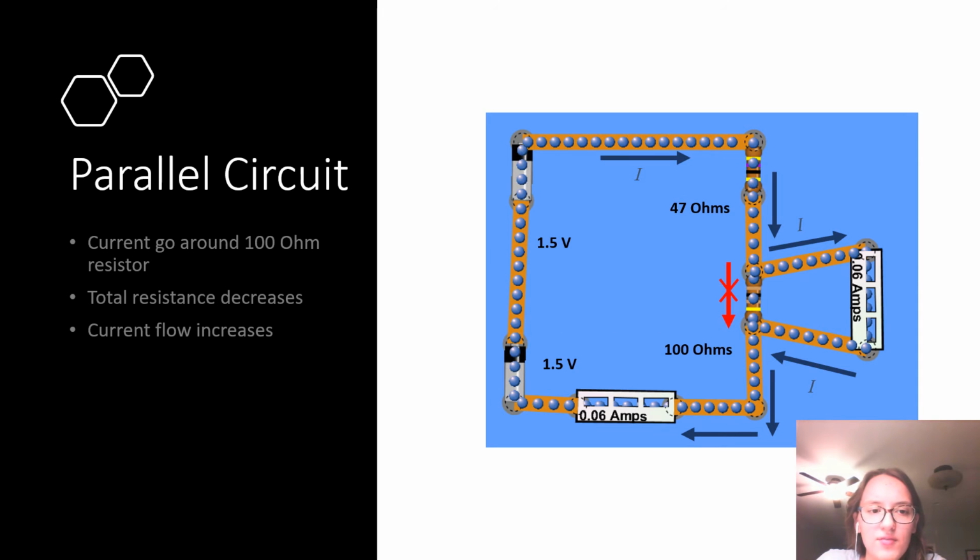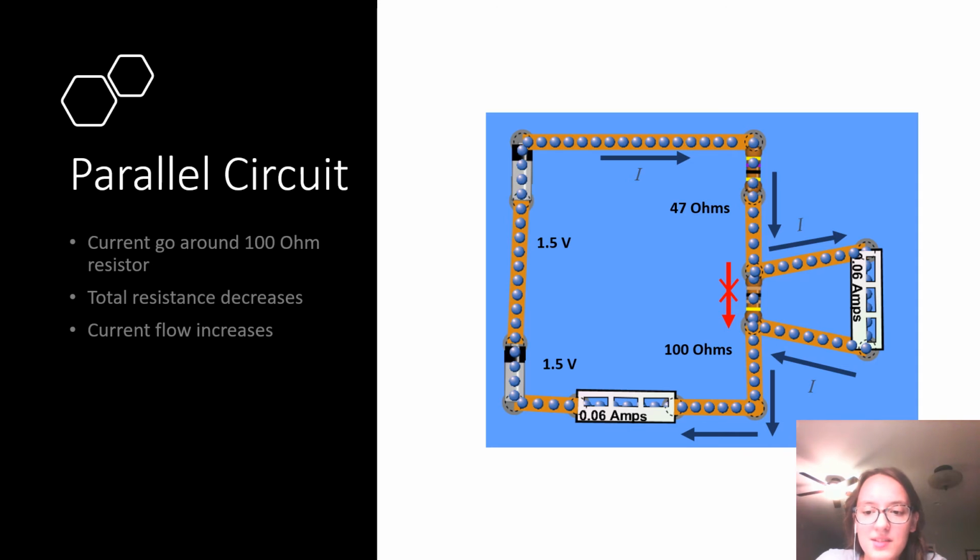All right, and after that, we set up a parallel circuit. We basically set up the circuit with the 2 batteries and the 2 resistors, except this time we also hooked up an additional branch of the circuit that goes around the resistor and has an ammeter in it.